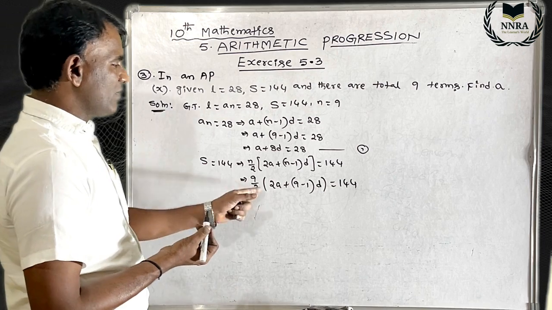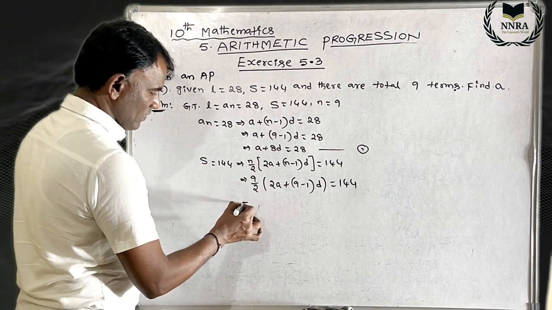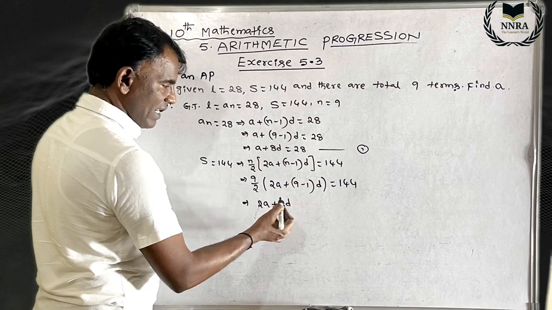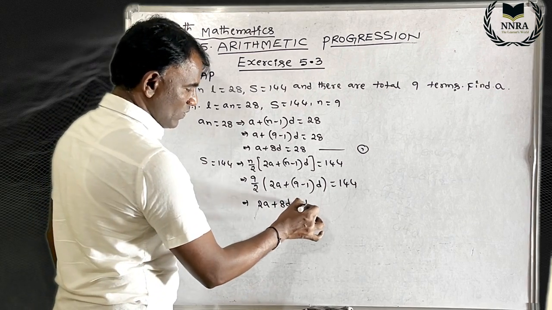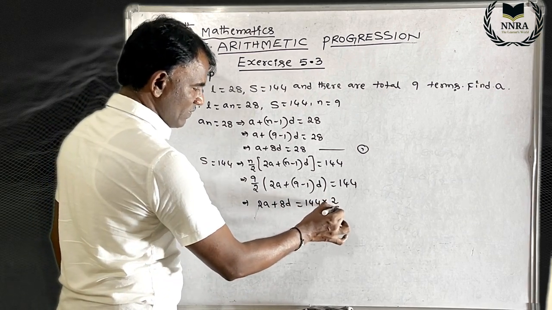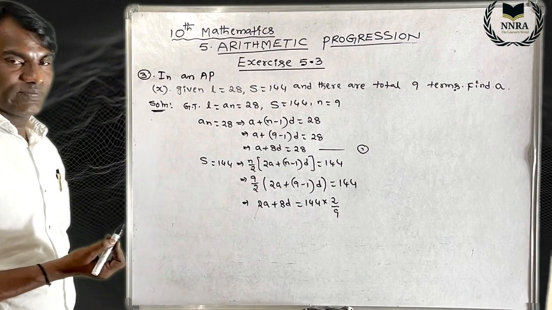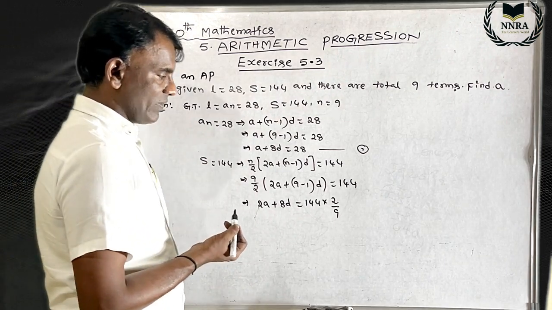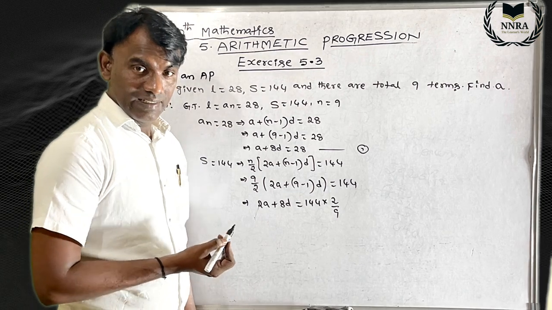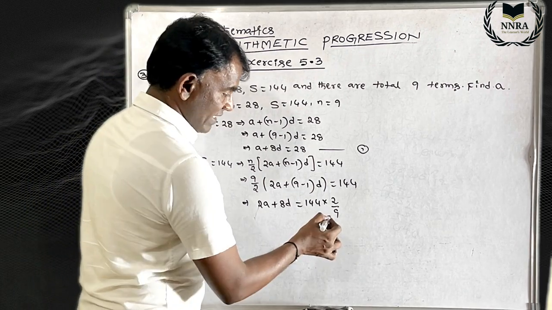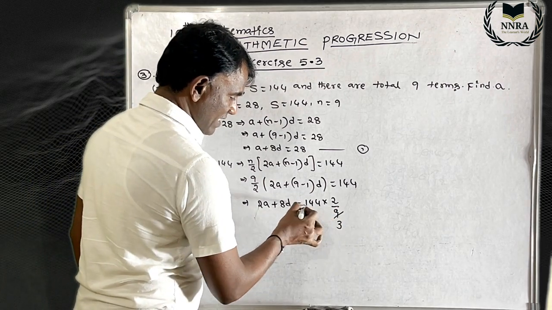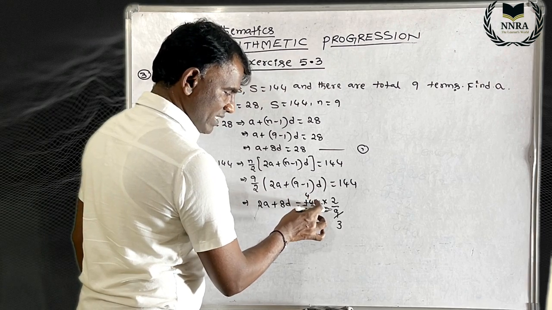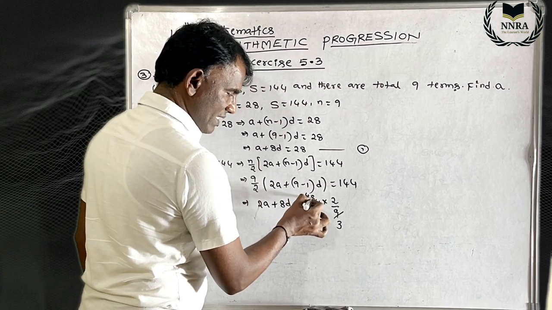After that, write 9 by 2 that side. Then how much we get? It is 2a plus 8d, and that side 144 into 2 by 9. Is it possible to cancel this? 3 3 is 9, 3 4 is 12, 12 means 24, 8 times.